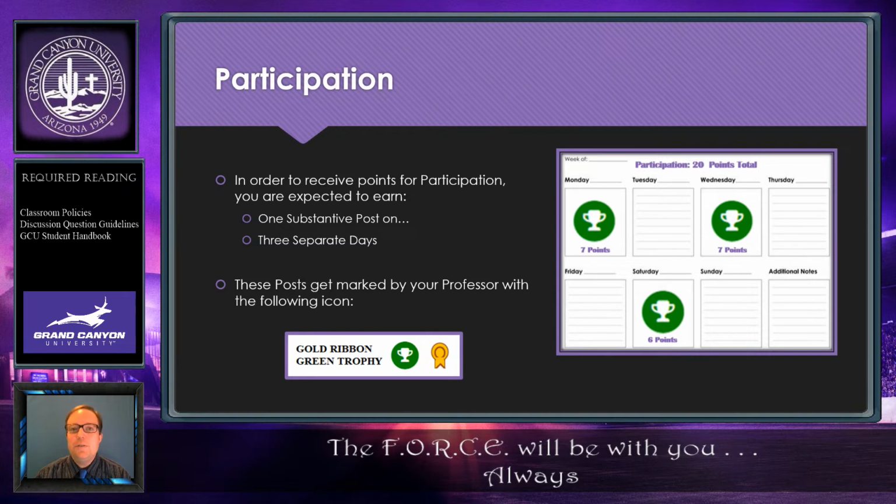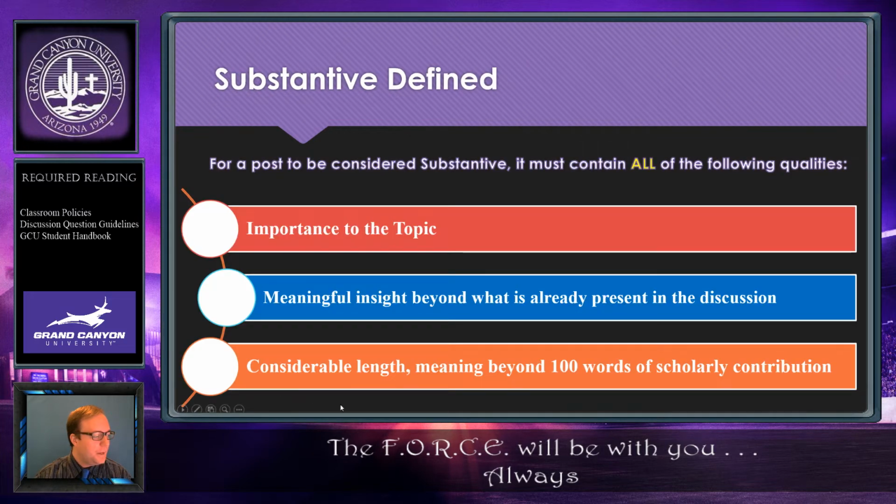So a substantive post, I'm going to describe on the next slide, but the goal is to make a sizable academic contribution to the prevailing conversation in the discussion forum on 3 different days of the week. And when I read those posts, I'm able to click, yes, this is a substantive post. And so the goal is for me to look at your work and do that 3 different days during the week. Now, in order to accomplish that, it's very important to understand what substantive is defined as.